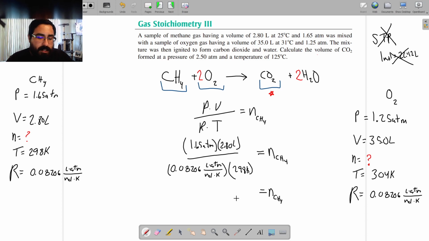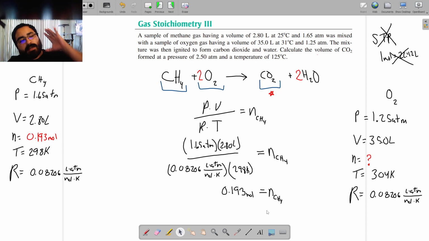And that gives us our number of moles at 0.193 moles. So I'll write that over here in red, 0.193 moles. And then I'll get rid of the little question mark because we don't need you anymore. Now that's how you calculate the moles for CH4.